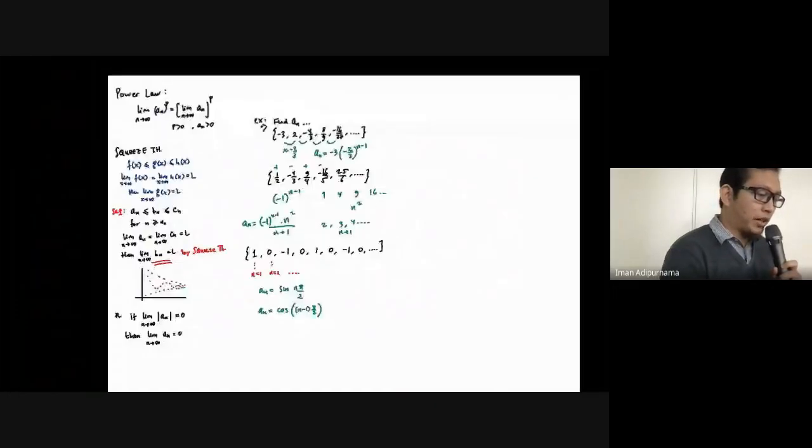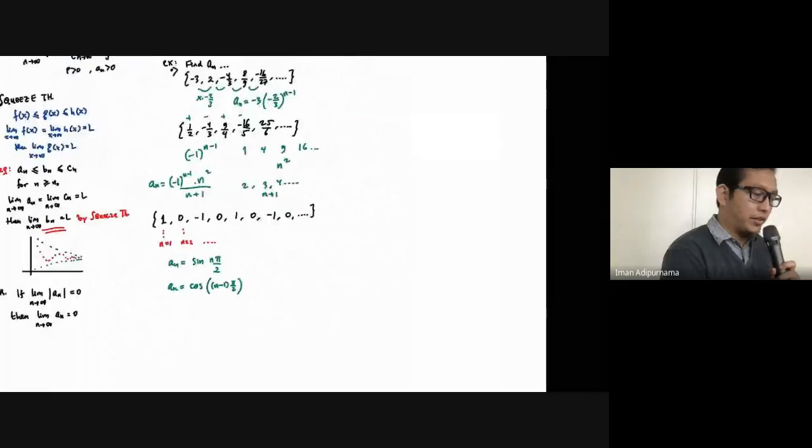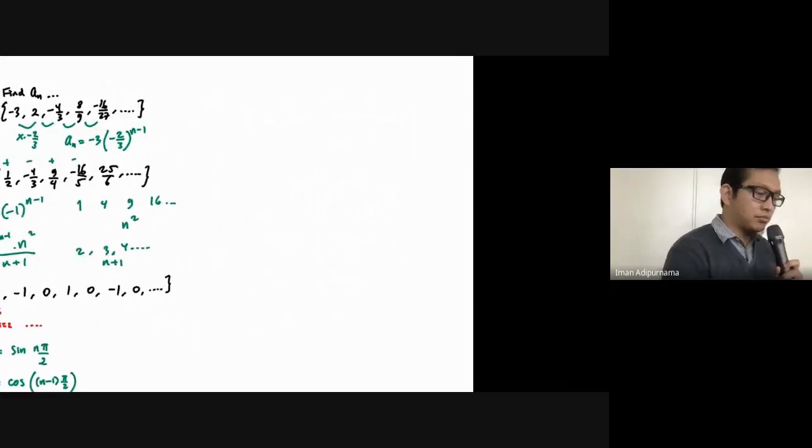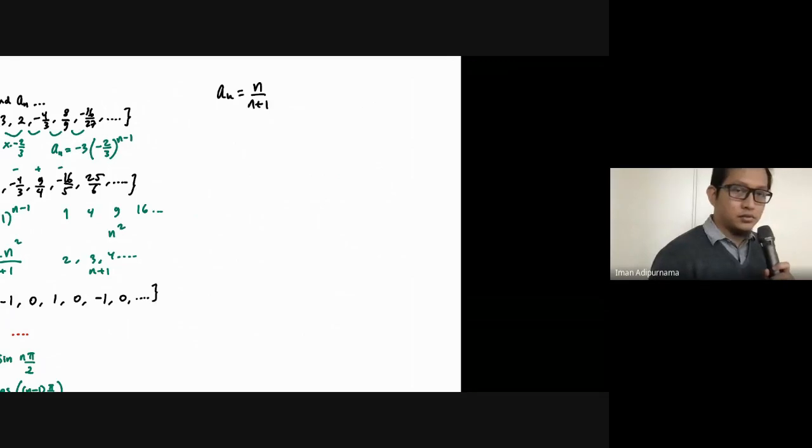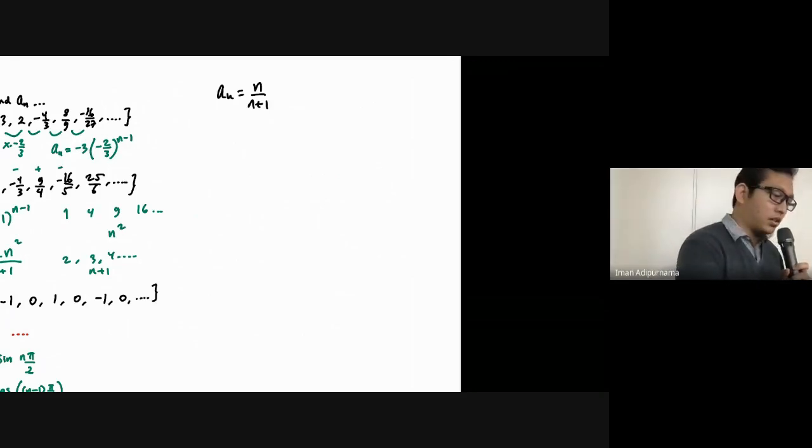Let me go back to the limit and have some examples. For example, if your AN is n over n plus 1, does the sequence converge or diverge?